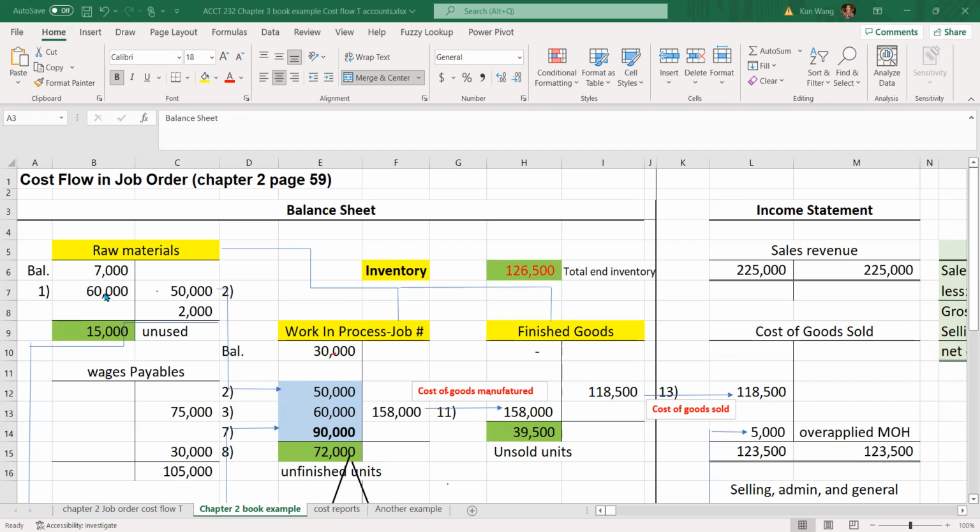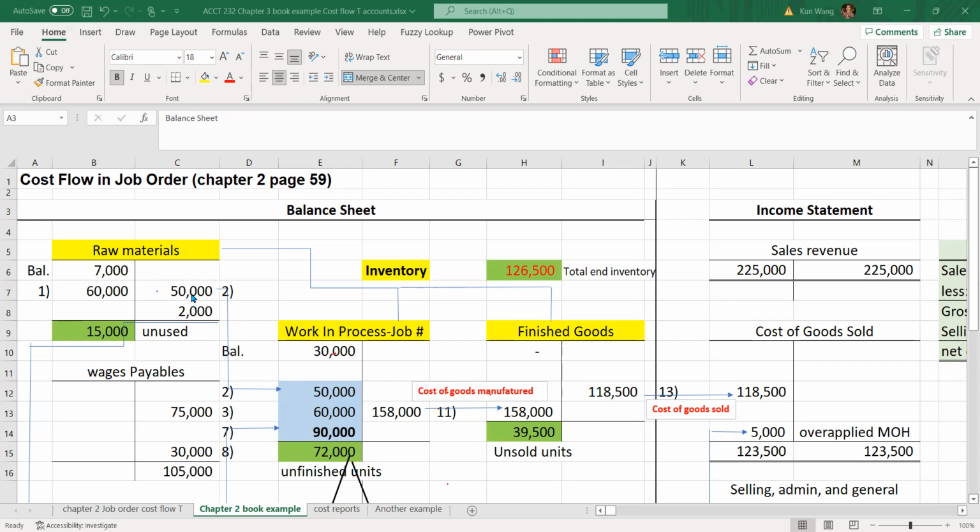When we purchase raw materials, we add the material on the debit side. Then when we apply the materials to production and other purposes, we reduce the material from the credit side. So for an asset account, we reduce from credit.